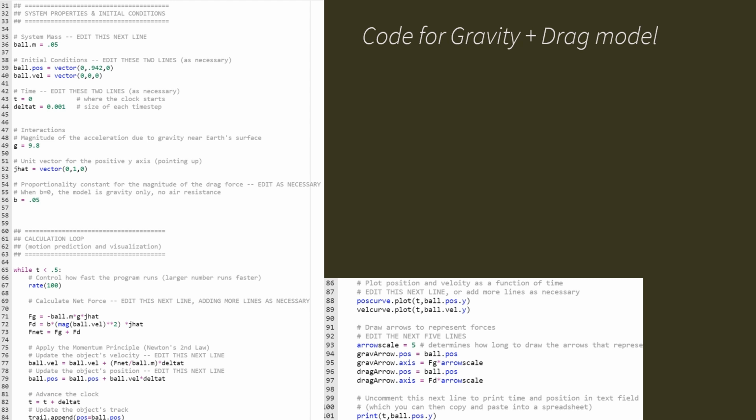Then with the momentum principle formulas, I set ball velocity equal to ball velocity plus F net over ball mass times delta t, and the ball position equal to ball position plus ball velocity times delta t, which are just the code forms of the velocity update and position update formulas. And finally, for the arrow scale, I changed the scale to 5 and made the arrow axes in the same directions as their corresponding forces.